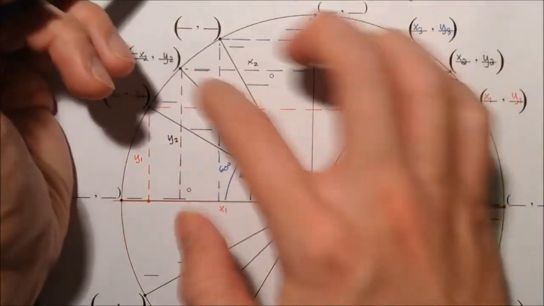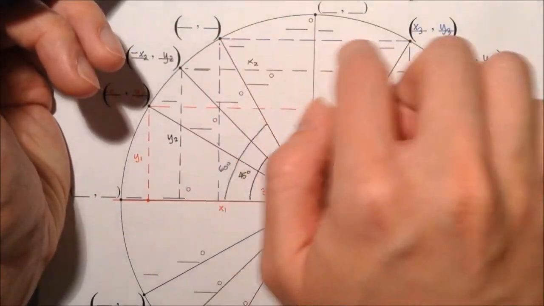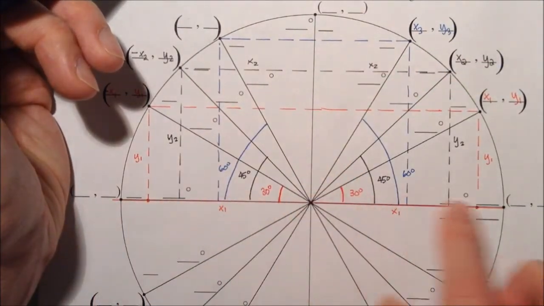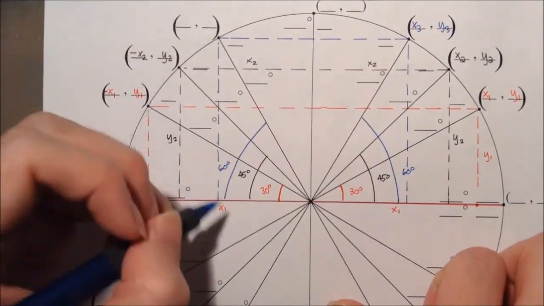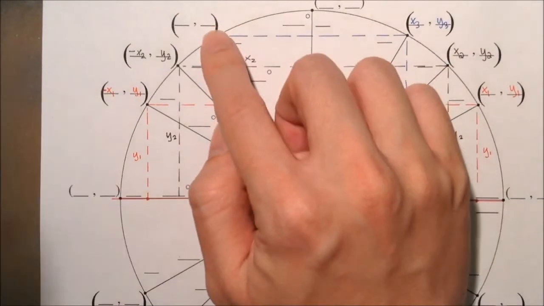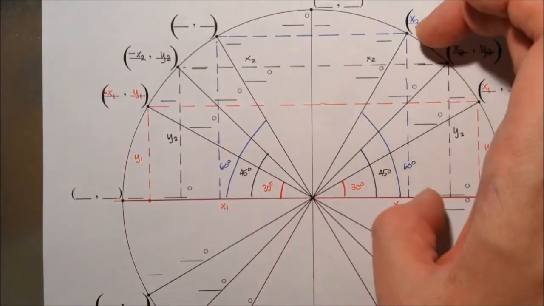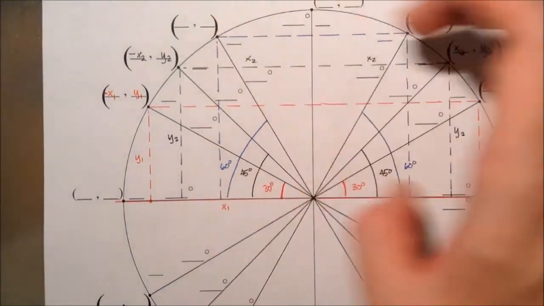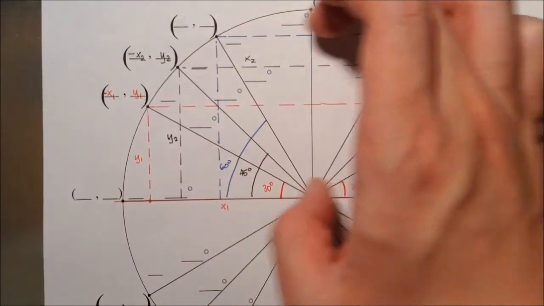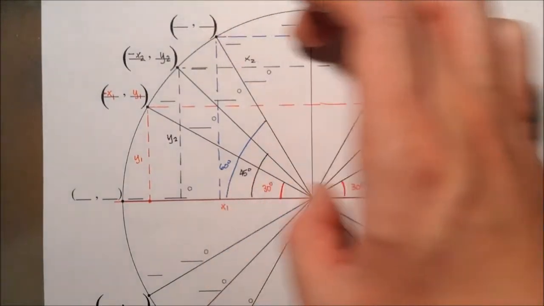So I can safely say that the line that I drew here, this horizontal line, is parallel to the x-axis. If the blue line is parallel to the x-axis, then my vertical line will be the same height regardless of where I'm at.